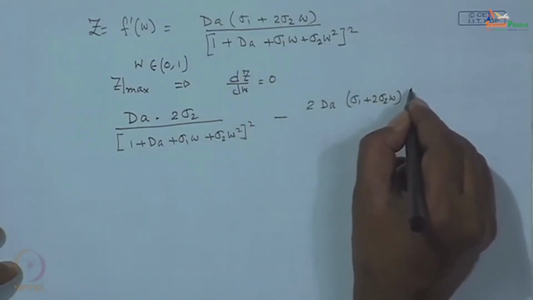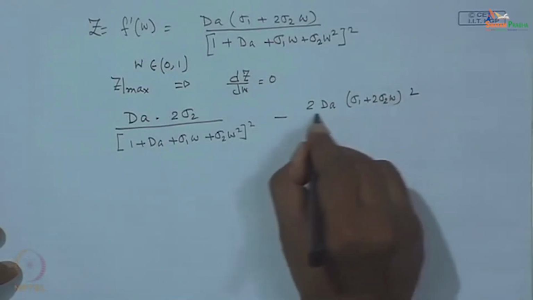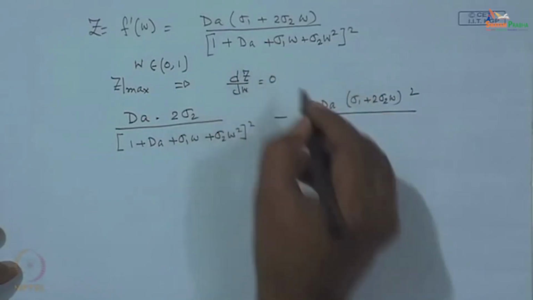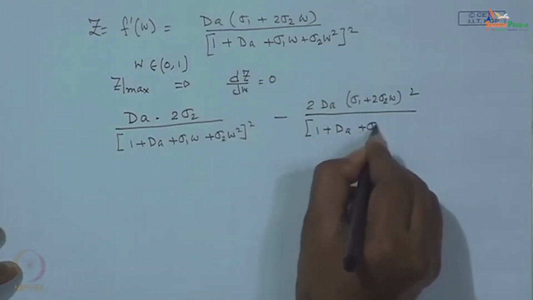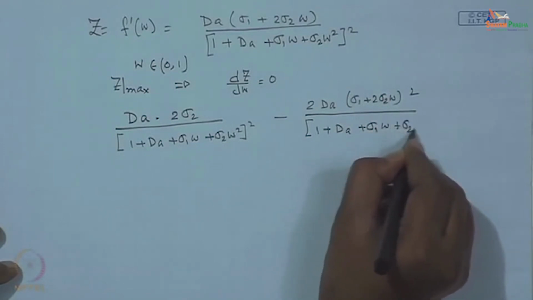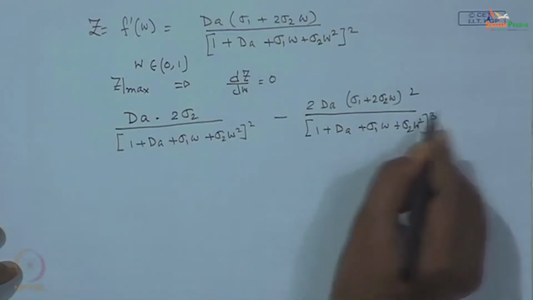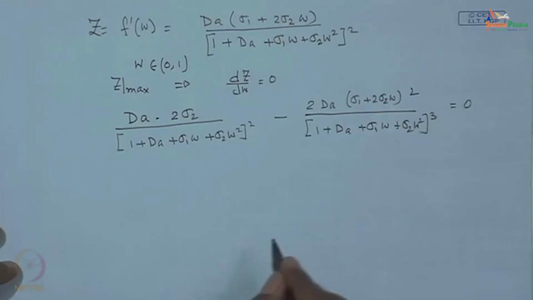So, this becomes square of that, divided by the cube of 1 plus dA plus sigma 1 w plus sigma 2 w square, should be equal to 0.